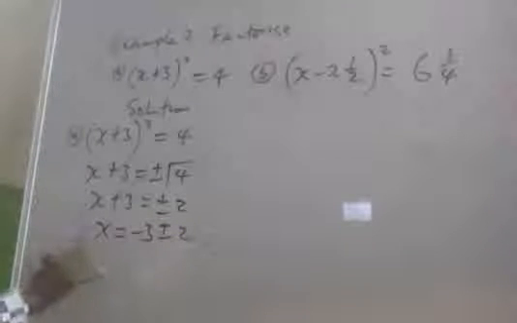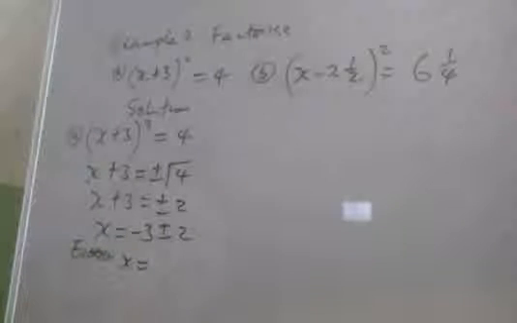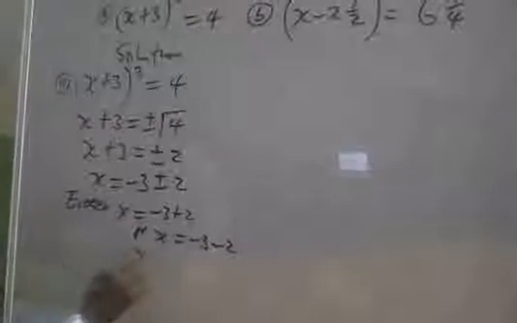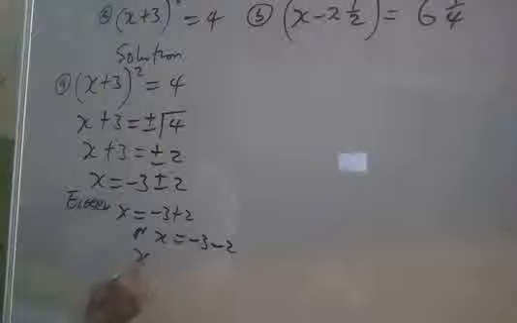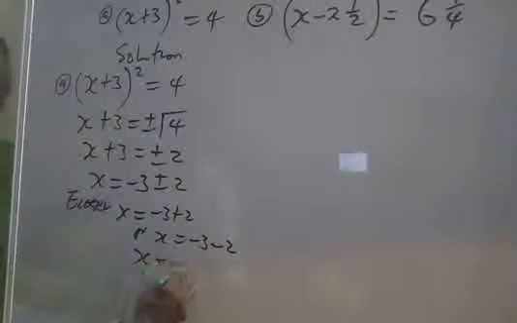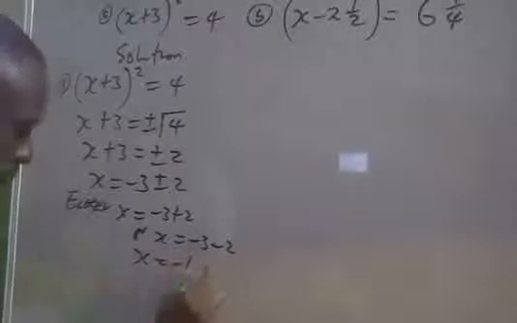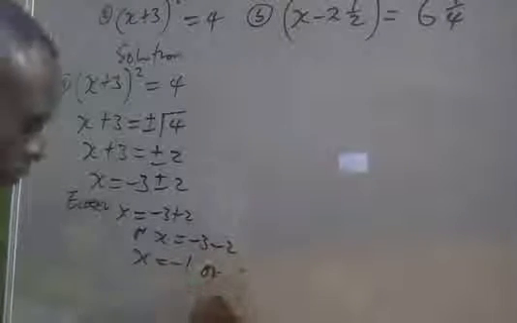So it's either x is equals to minus 3 plus 2 or x is equals to minus 3 minus 2. So finally, our answer there, your x will be equals to minus 1, or your x will be equals to minus 5.